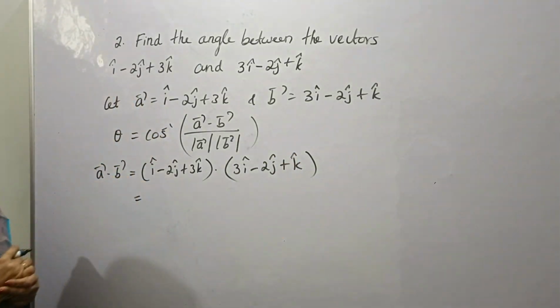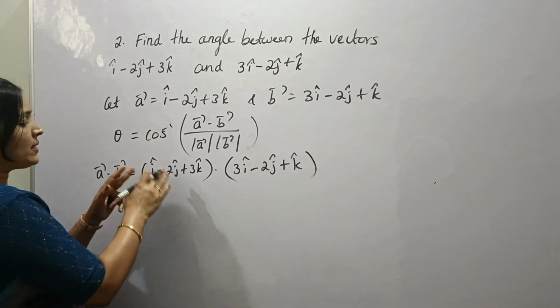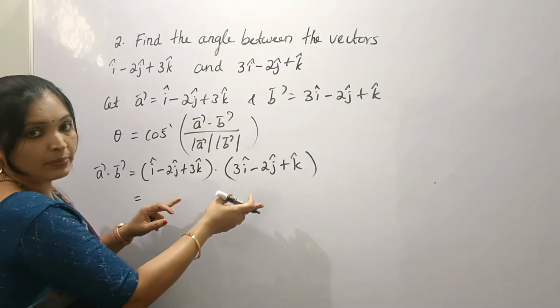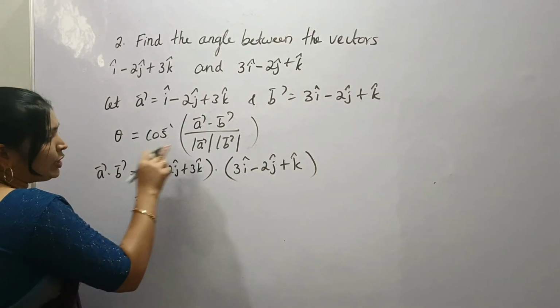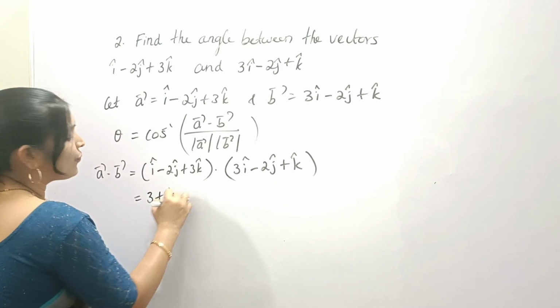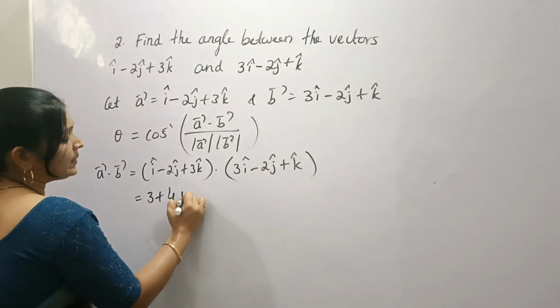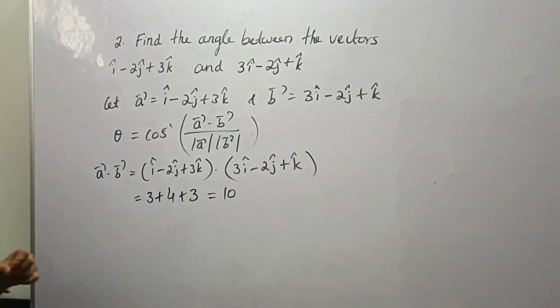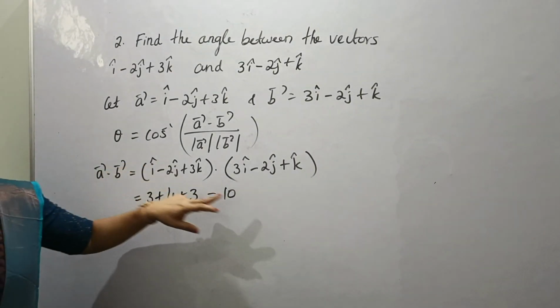Here we know that it is a1 b1 plus a2 b2 plus a3 b3. That is 1 into 3, 3, plus minus 2 into minus 2, 4, plus 3 into 1, 3. That is 10. We have got vector A dot vector B equal to 10.